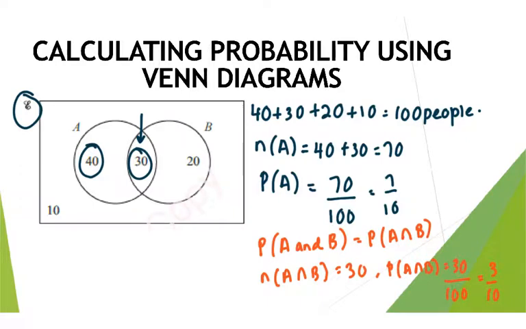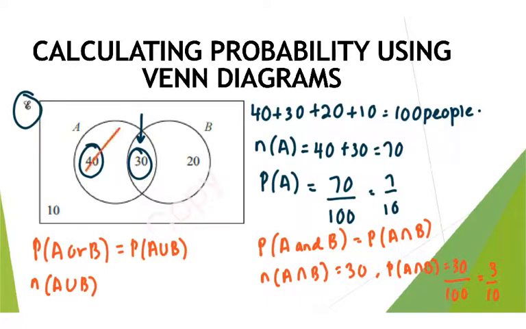This is the same as P(A union B), the probability that an element is found either in set A or in set B. The word "or" is a clue that the probability is found in the union of the sets. So the number in A union B takes the entire A and also B: 40 plus 30 plus 20, and you get 90.